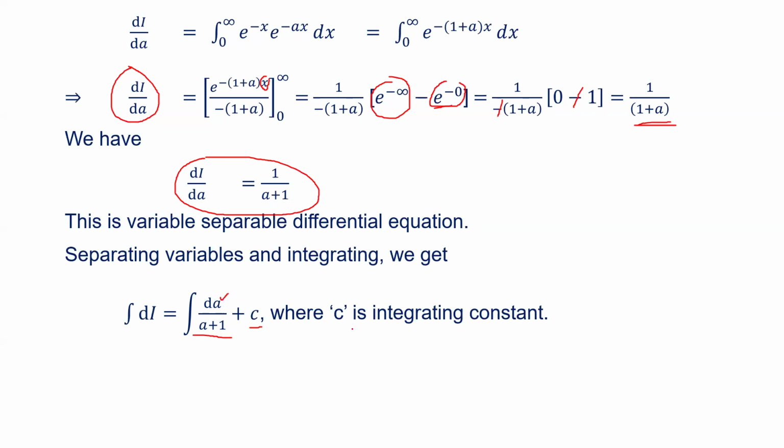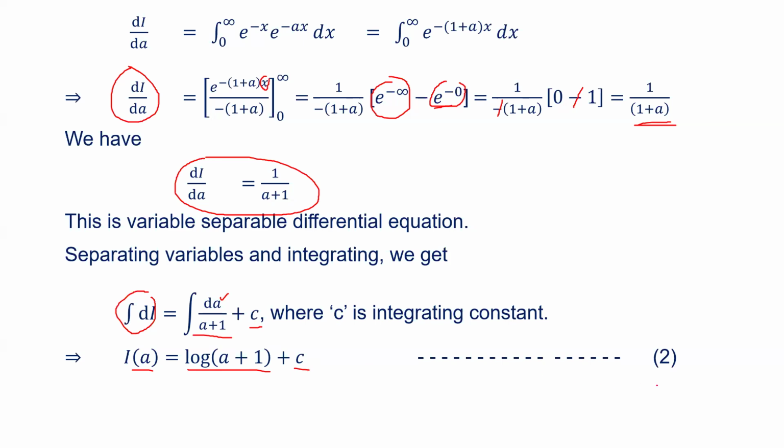So the integration of dI is equal to I, and I is a function of a, so we can write I of a equal to the integration of 1 upon x, which is given by log of x, so it is log of (a plus 1) plus the integrating constant. Let us give it equation number 2.